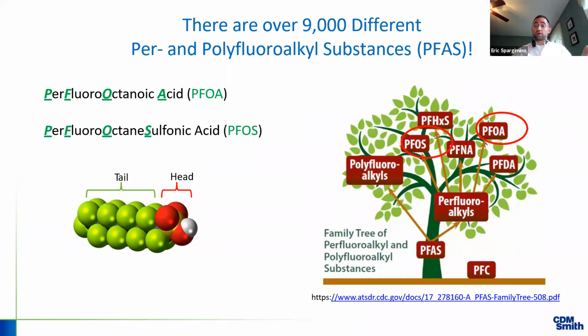When we started working with the town on this, there were about 3,000 known compounds. Generally, they're characterized into two families: PFOS, which is perfluorooctane sulfonic acid, and PFOA, perfluorooctanoic acid.